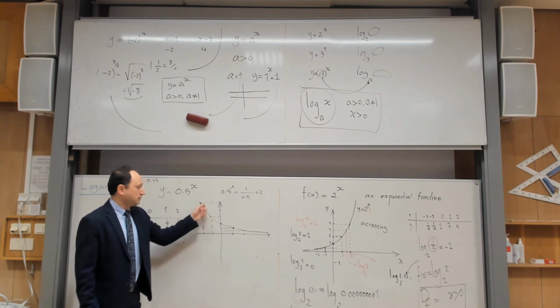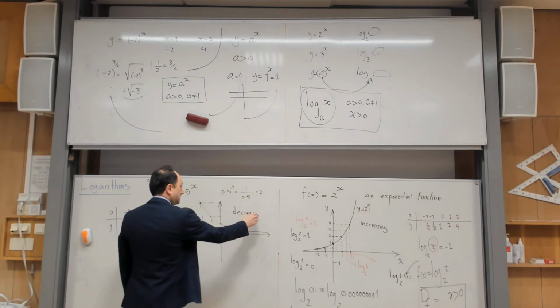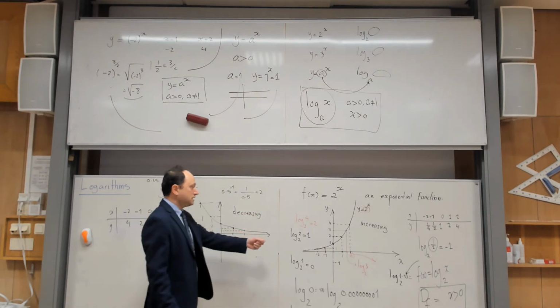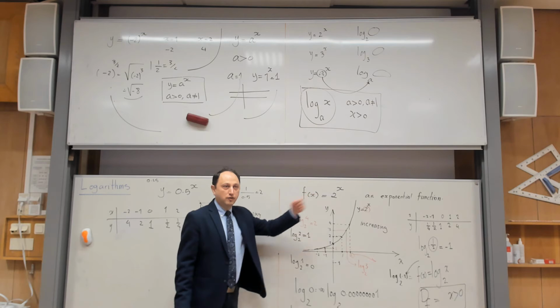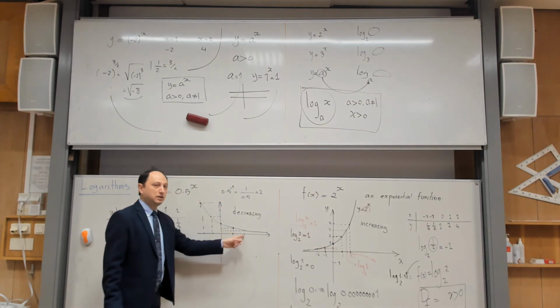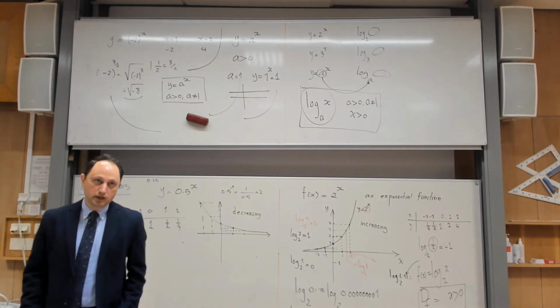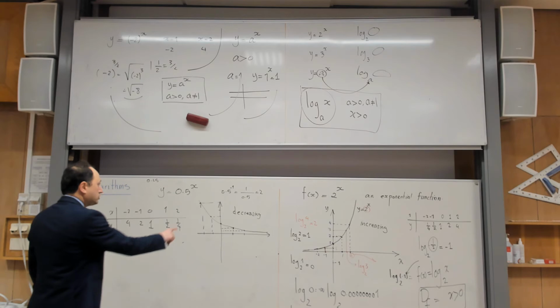So this means that the function is called decreasing. Yes? Increasing means when I increase x, y also increases. Decreasing means that even though I am increasing x, the y value is decreasing. Yes? So these are two types of functions.